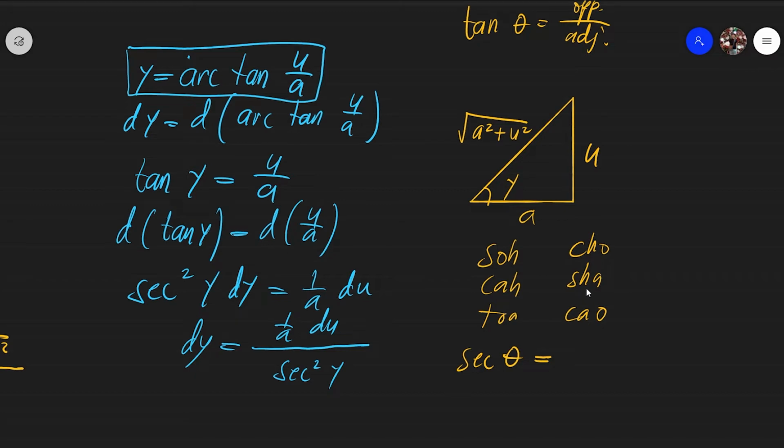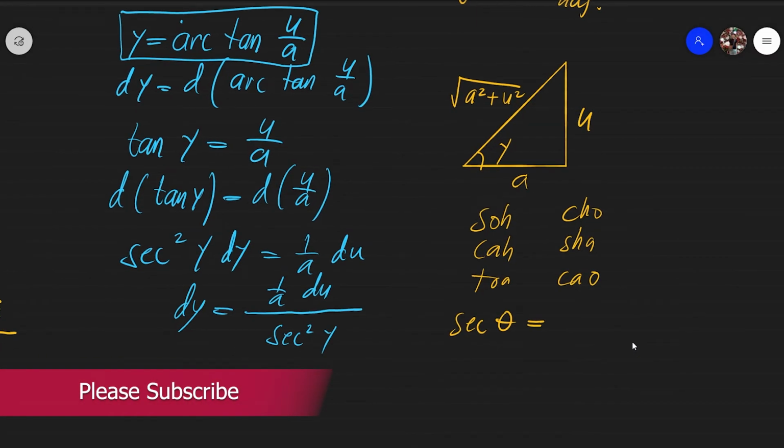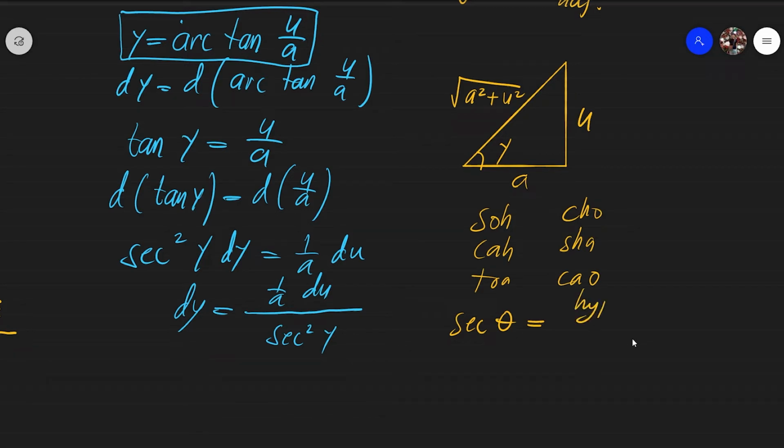Secant theta is equal to hypotenuse over the adjacent.